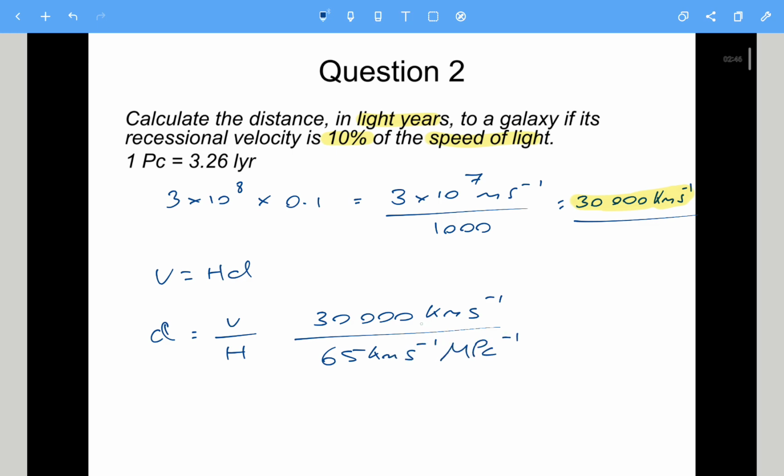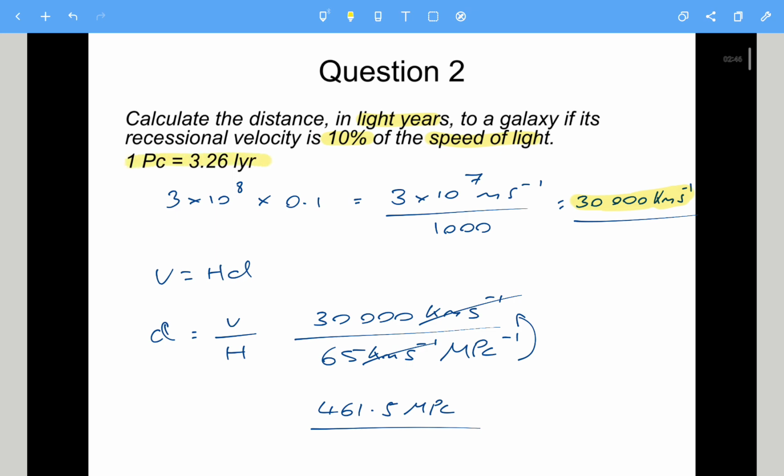As you can see, the kilometers per second will cancel. We've got a divide per megaparsec, so that comes up to the top. So 30,000 divided by 65 gives us 461.5 megaparsecs.